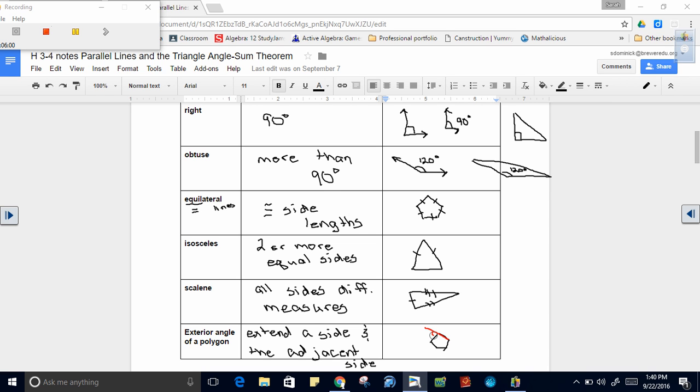So what I mean by that is right here. That's an exterior angle. That's an exterior angle. That's an exterior angle, right? And you would just continue creating these angles. Okay? So 5 exterior angles because there are 5 sides that I've extended.